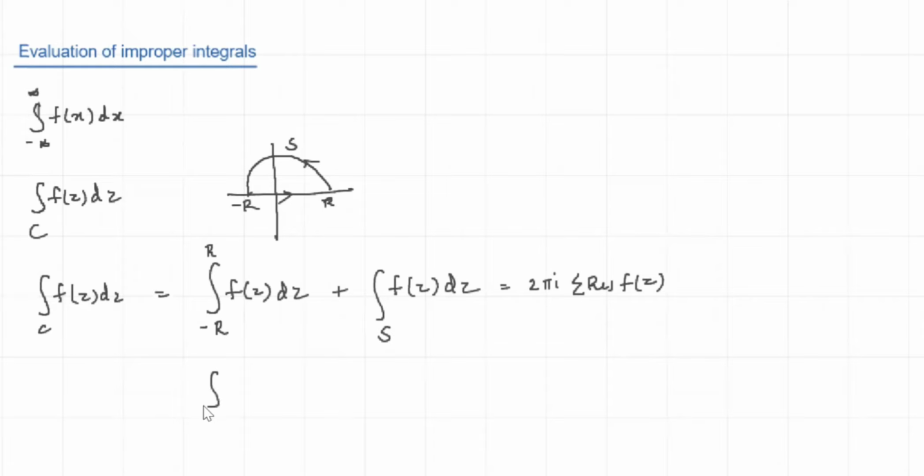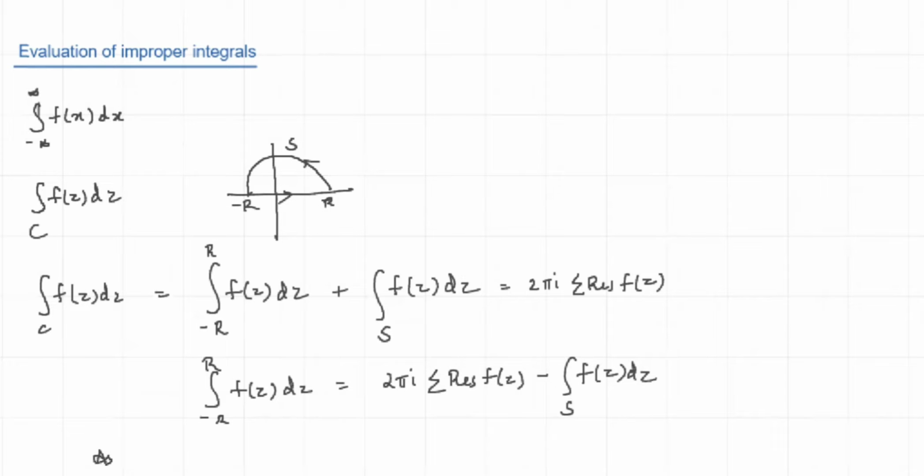Hence the integral from minus r to r of f of z dz is equal to 2 pi i times the summation of all the residues of the function f of z inside the curve C minus the integral over the semicircle of f of z dz.